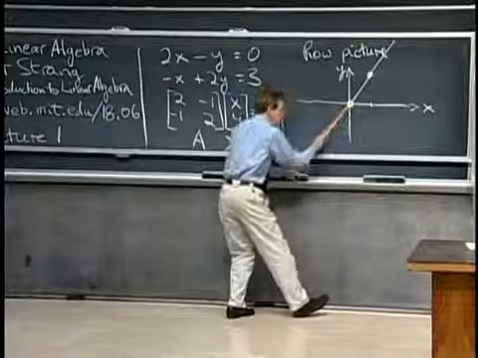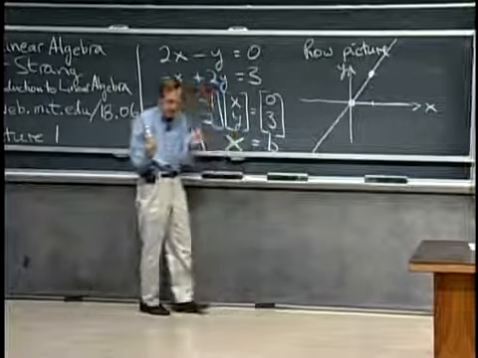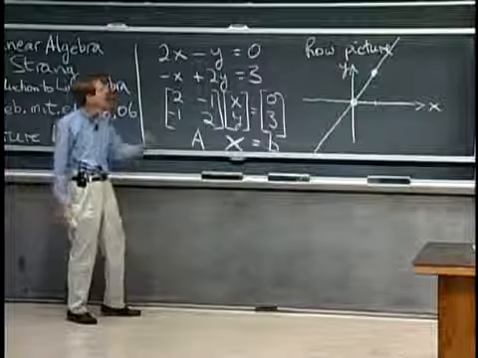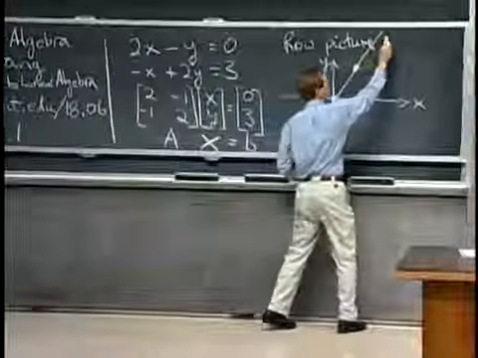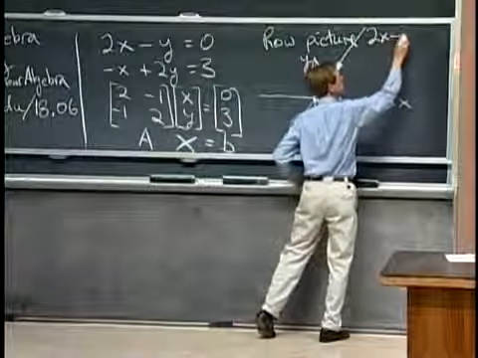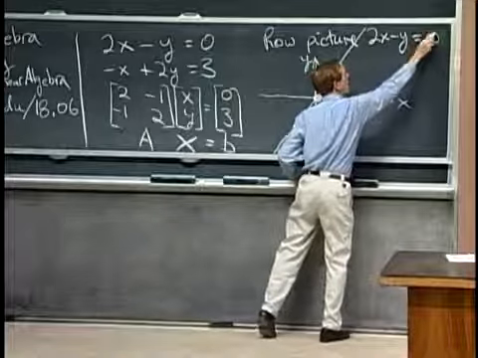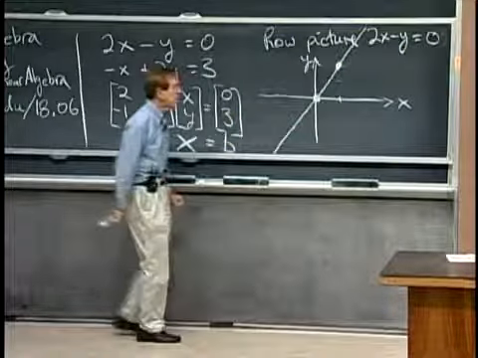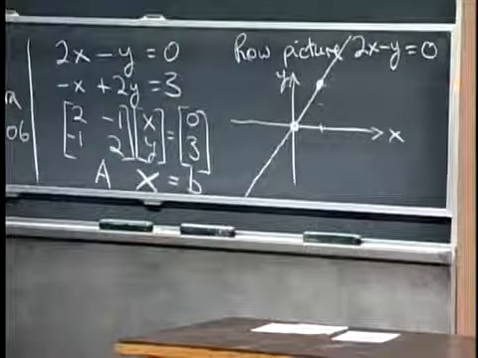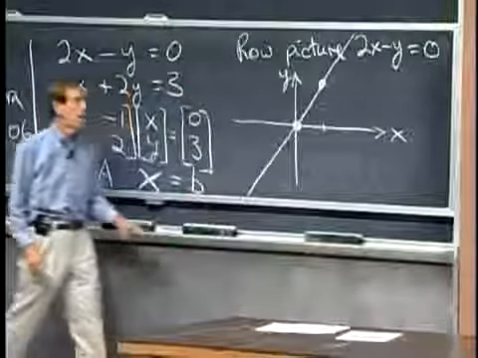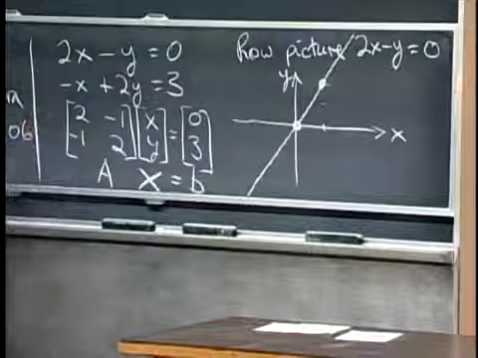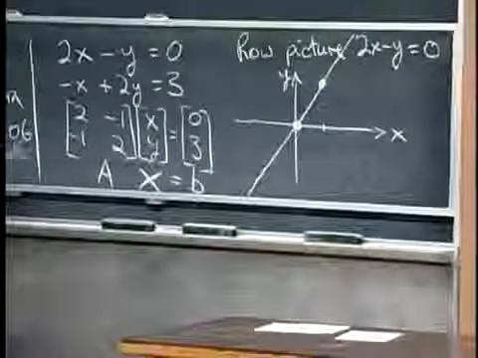This is a linear equation, and that word linear got the letters for line in it. This is the line of solutions to 2x minus y equals 0, my first row, first equation. So typically maybe x equal a half, y equal 1 will work. And sure enough, it does. Okay, that's the first one.